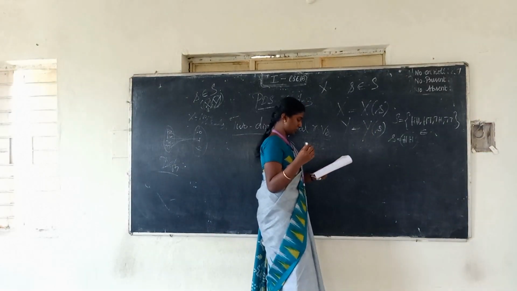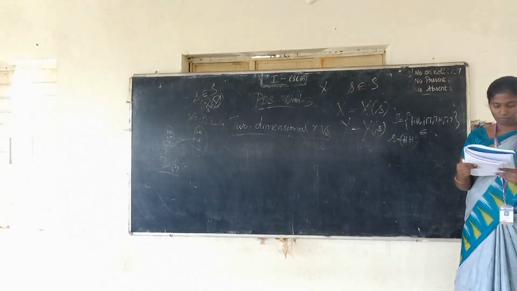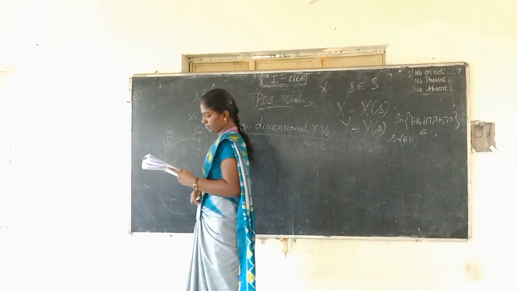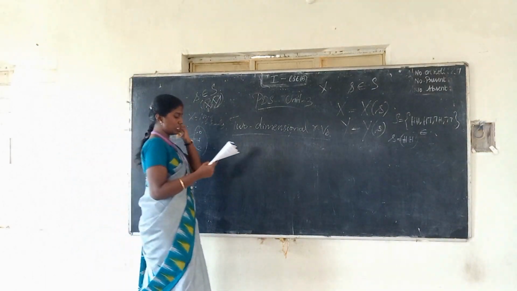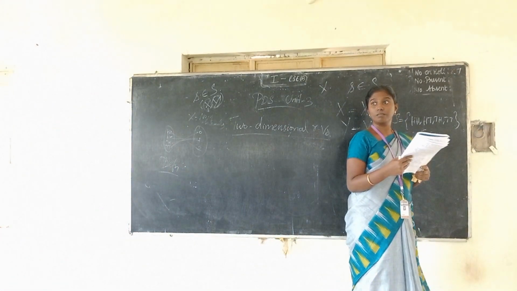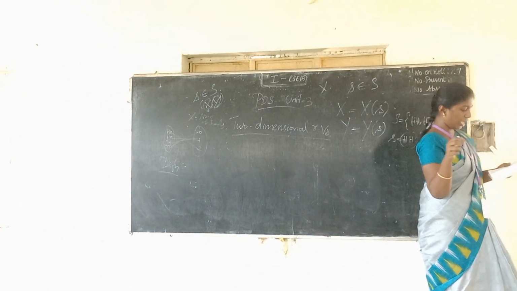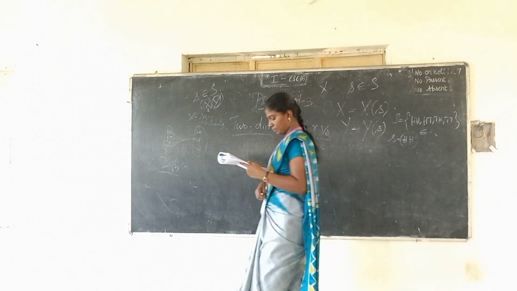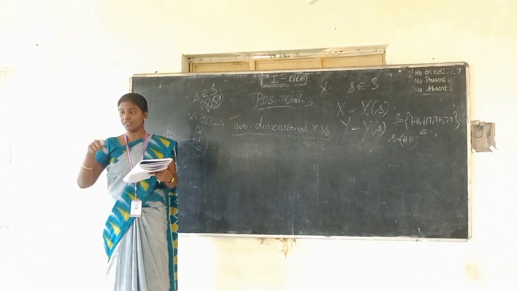So next definition heading: two-dimensional discrete random variables. Write down the definition now.